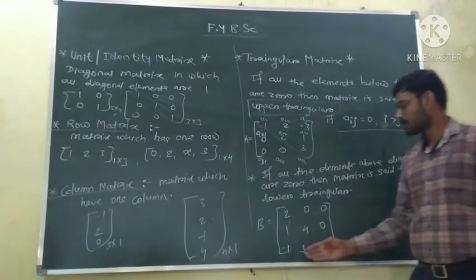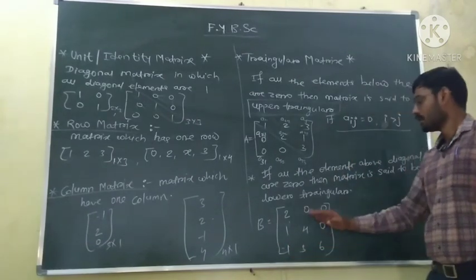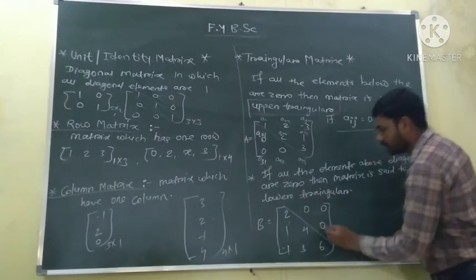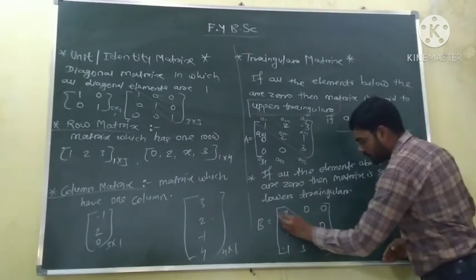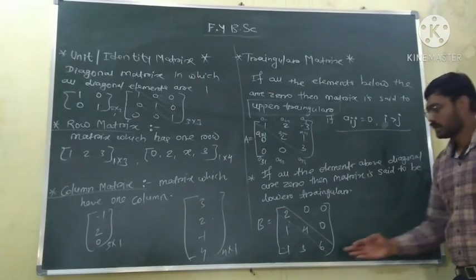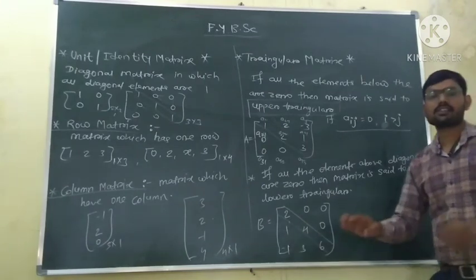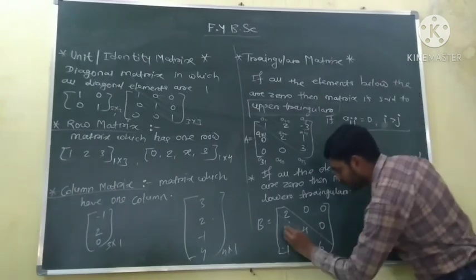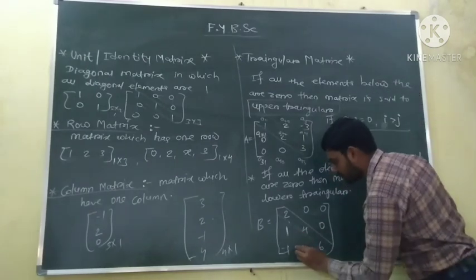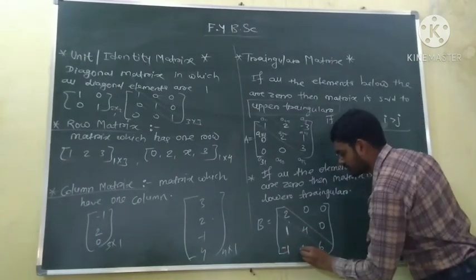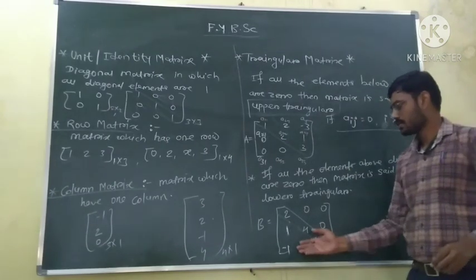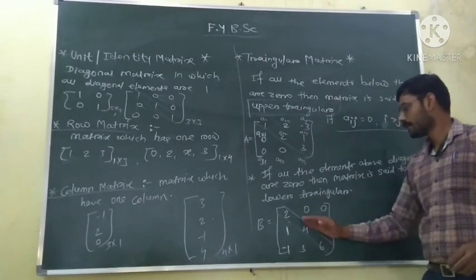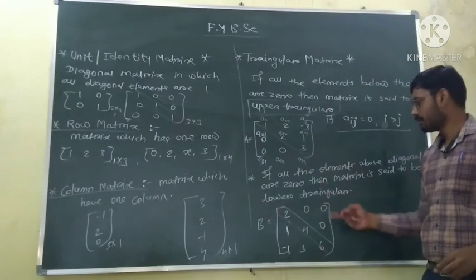Here also some elements may be 0, but all the elements above the diagonal must be 0, and below the diagonal there may be some elements that are 0 or not 0. These are non-zero elements, but the elements above the diagonal are 0.